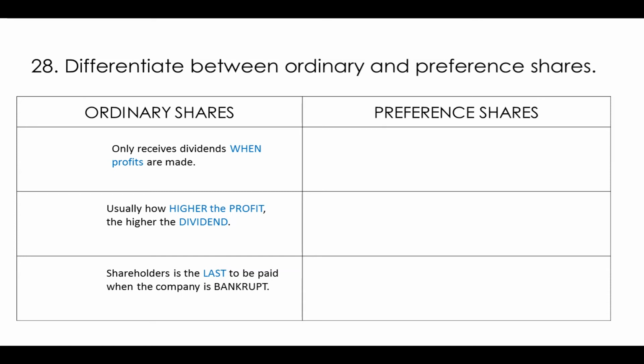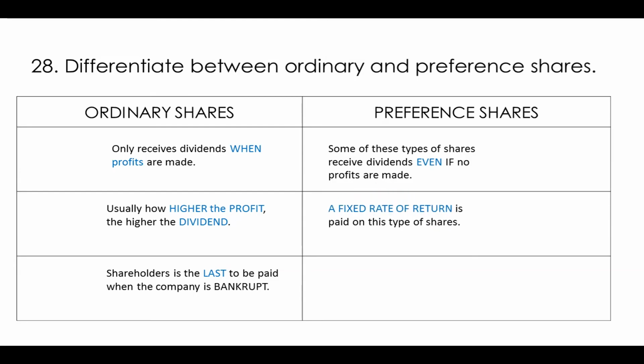Well, let's look at preferences. Obviously, they get some preference. You get dividends even if there's no profits, which is really nice. So obviously owning these types of shares gives you some sort of guarantee of making some money. You get a very fixed rate. So unlike our ordinary share over here, where if it's a really good year and you make a ton of cash, you're going to get a big dividend, our preference shareholders are not going to get such a great dividend.